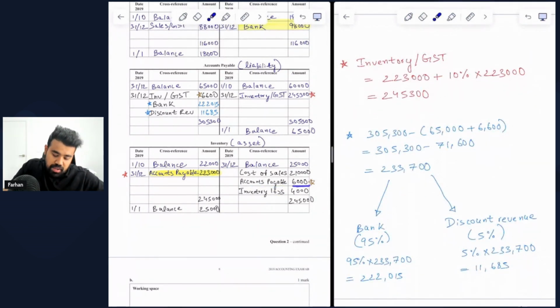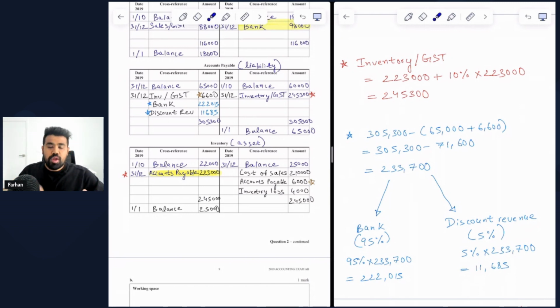And why are we writing accounts payable though? Because we understand that all the inventory is purchased on credit, which increases our liability and which increases the amount of inventory that we will hold in the books. However, now that we are doing this return, that decreases the liability or our obligation to our suppliers, our accounts payable.